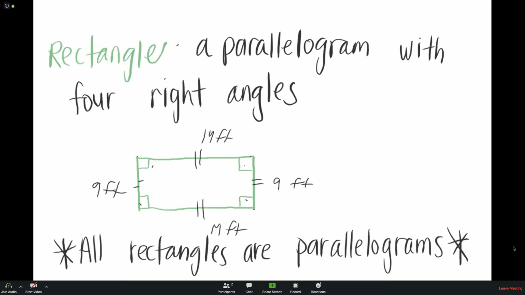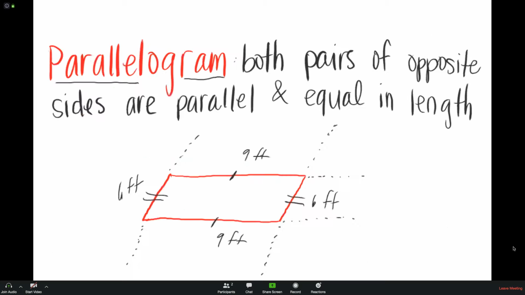So yes, all rectangles can also be called parallelograms, but they're going to be called rectangles only if they have 4 right angles. Otherwise, if you look at the parallelogram, opposite sides are parallel and equal, but they don't have 4 right angles.